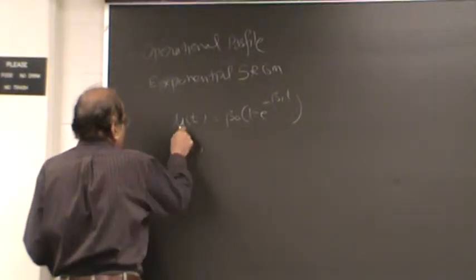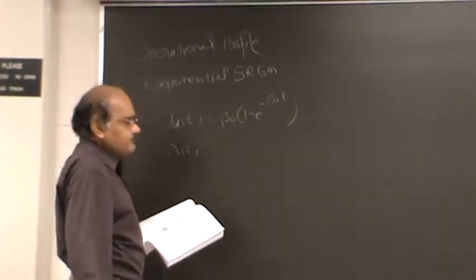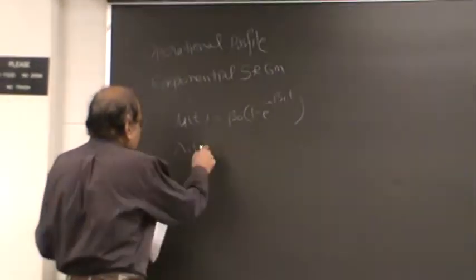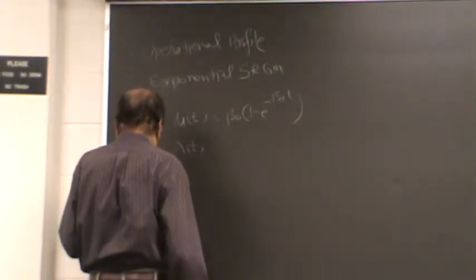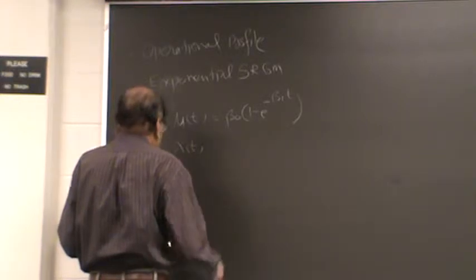So this is the cumulative number of faults that would be found by time t, and this is the failure intensity.